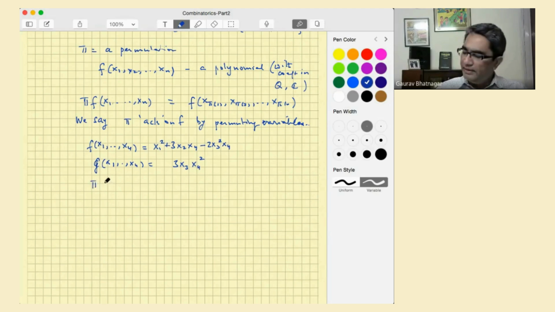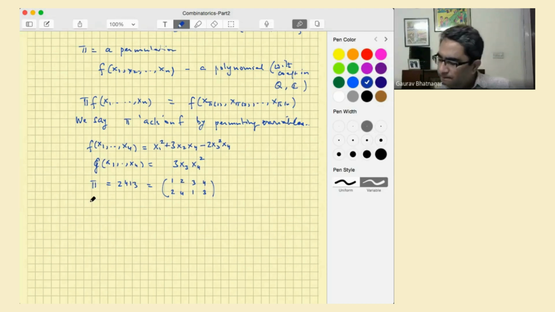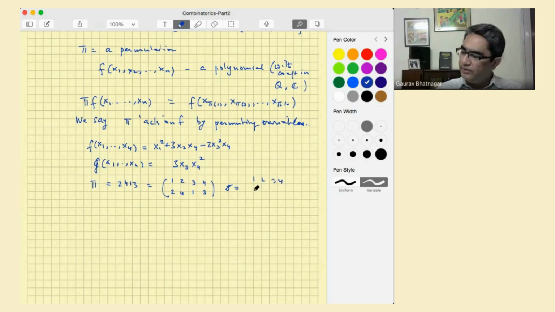And we take pi to be 2413, by which I mean that 1 goes to 2, 2 goes to 4, 3 goes to 1, and 4 goes to 3. And is there another one? Sigma. So these are two guys. Sigma is 1, 2, 3, 4 going to 4, 3, 1.